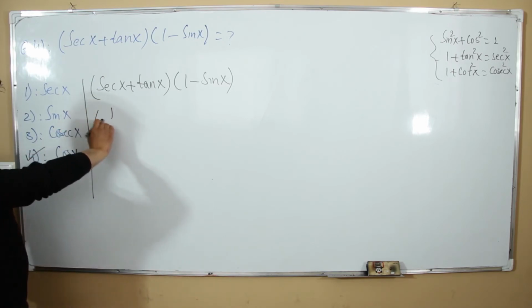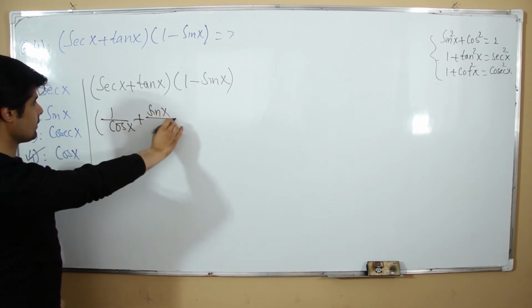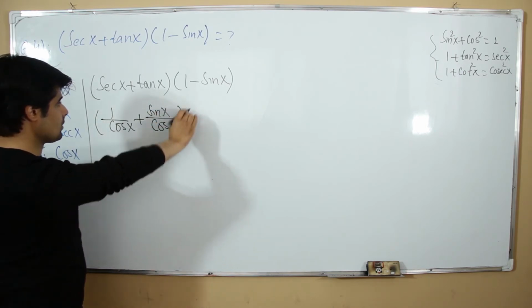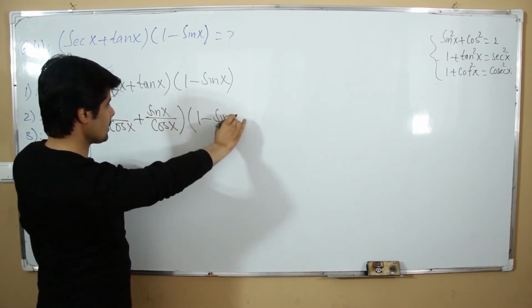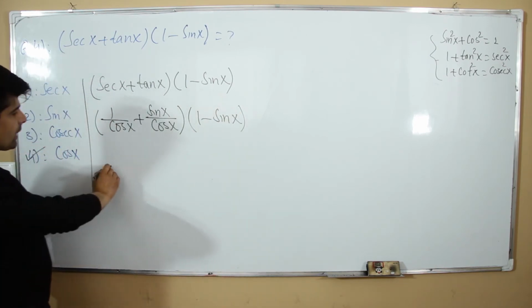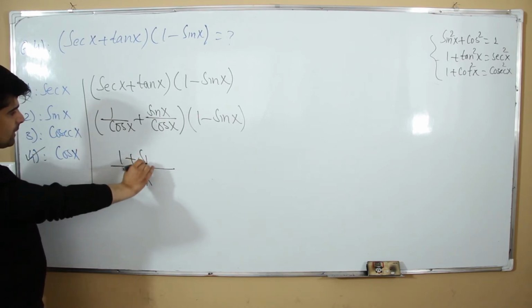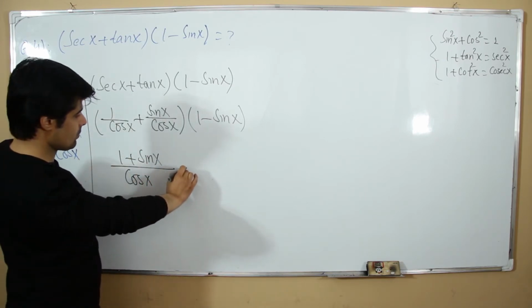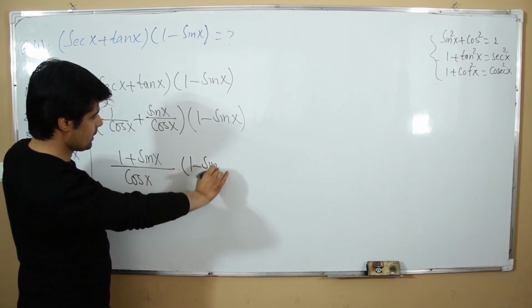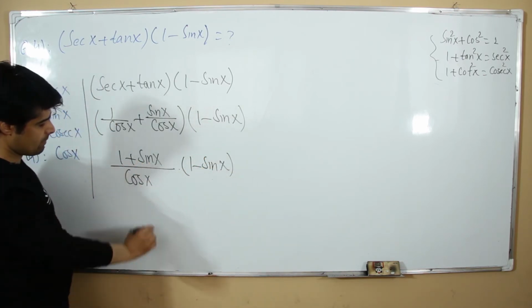This one is 1 divided by cosine x plus sine x divided by cosine x, 1 minus sine x. Now, we have a factor here, cosine x. So, it is 1 plus sine x multiplied by 1 minus sine x. It's very simple. 1 plus sine times 1 minus sine.